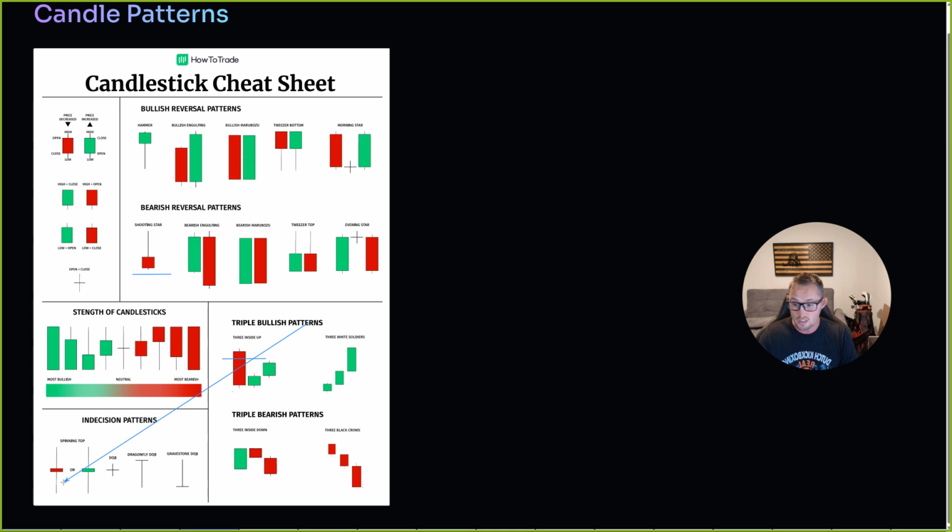Any of these show indecision patterns. It shows that the market, depending on if you're going up or going down, you start seeing this or this or this, it's a very good chance that there is going to be a potential reversal of whatever it is.